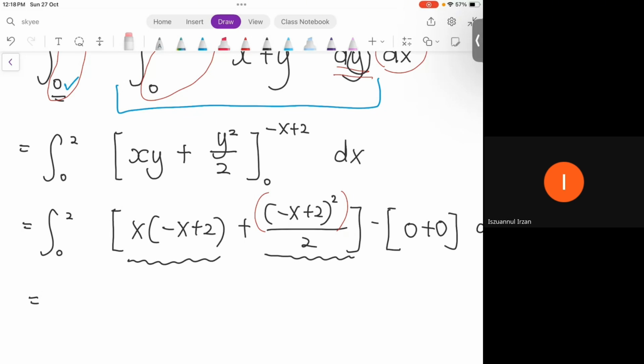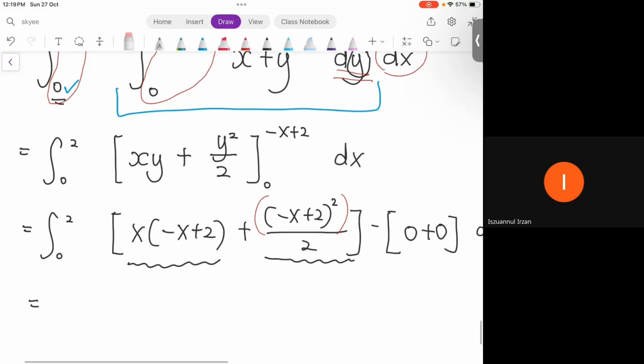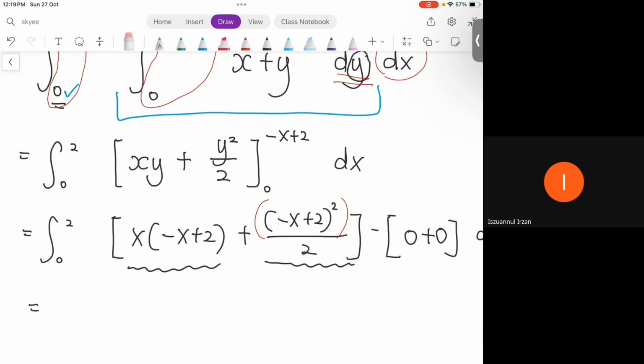So let's find the answer. For x multiplied by negative x plus 2, I split it. I decide to split it. I get 1.333. Integrate.